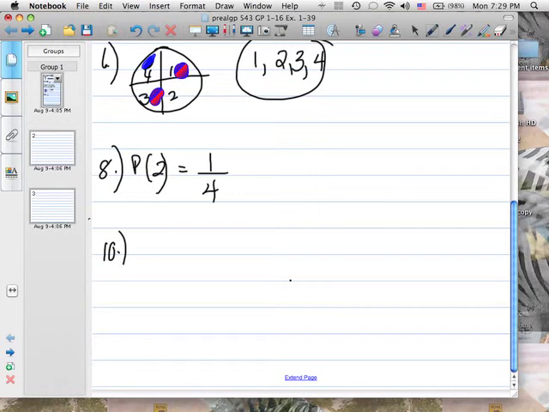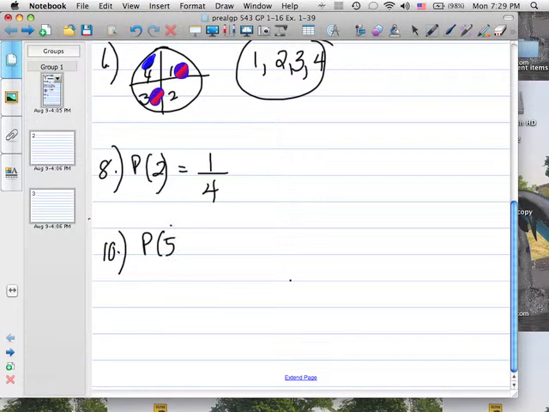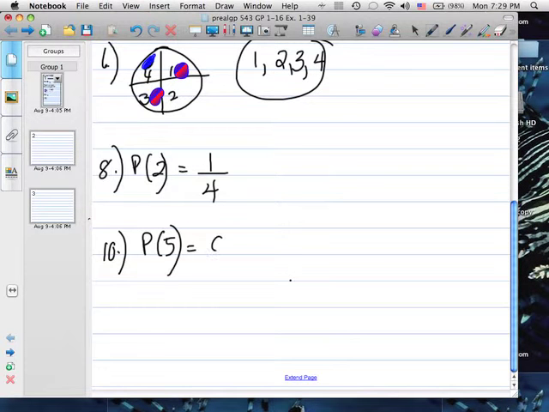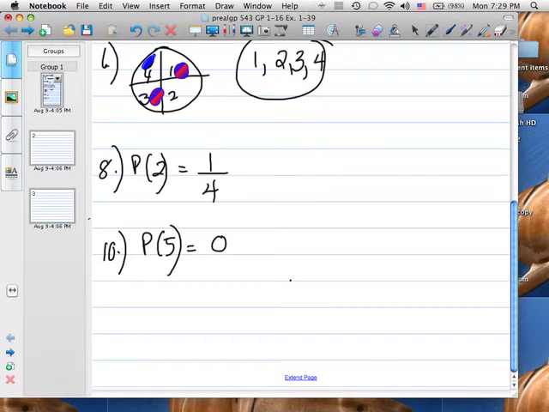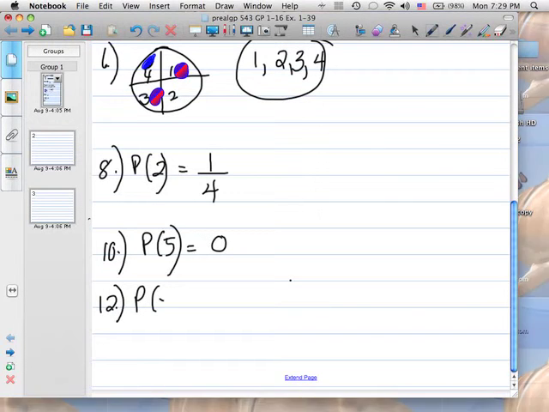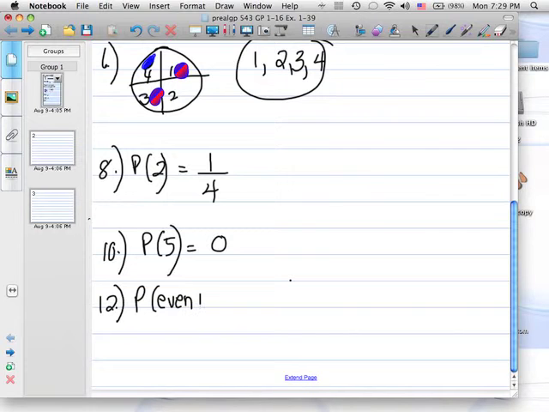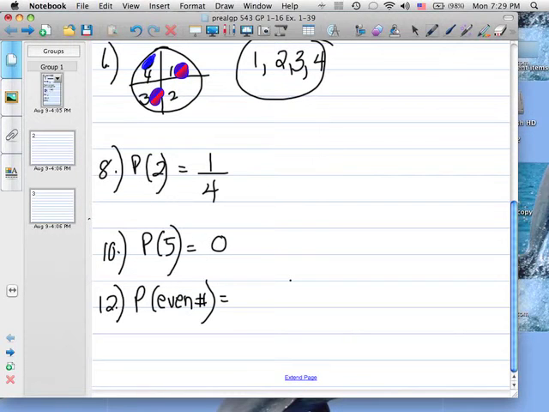Number 10, the probability of a 5. Well, on this spinner, there are no 5s, so that's 0. It's impossible. Number 12, the probability that it lands on an even number. Well, 2 and 4 are even numbers. The others are odd, so there's 2 out of 4, which is 1/2.